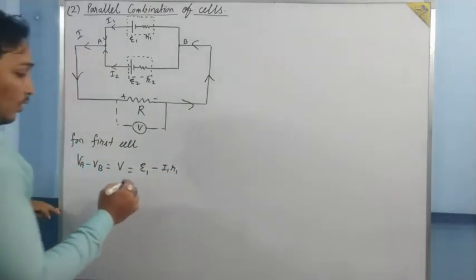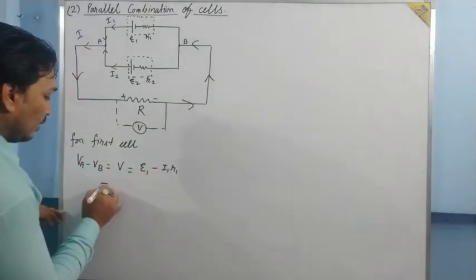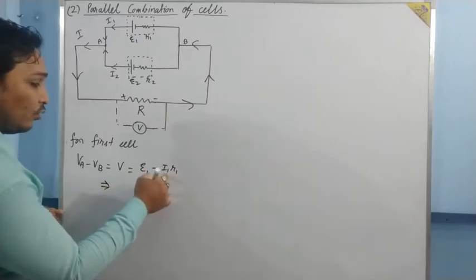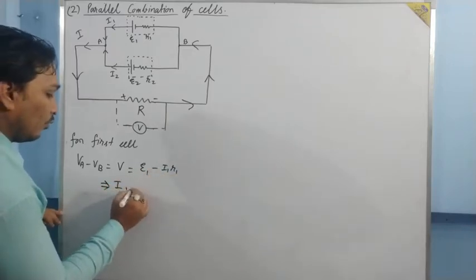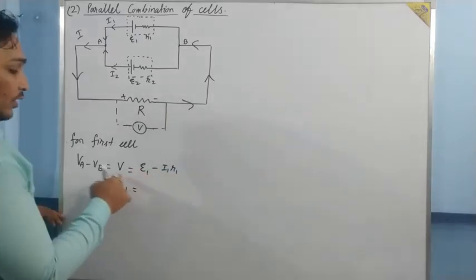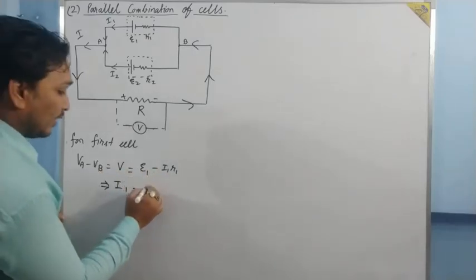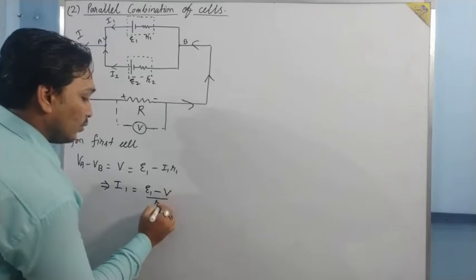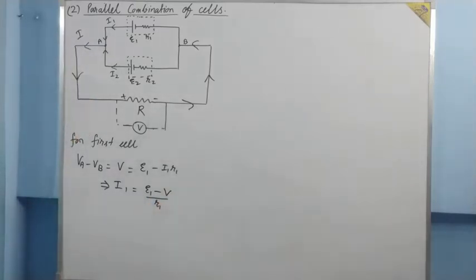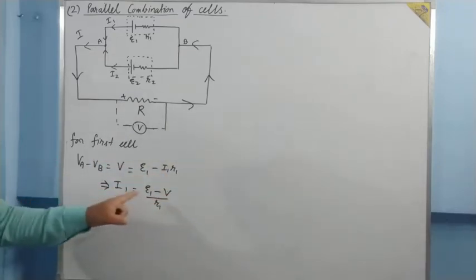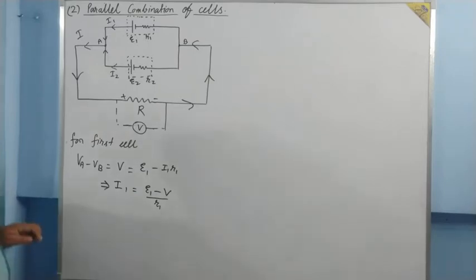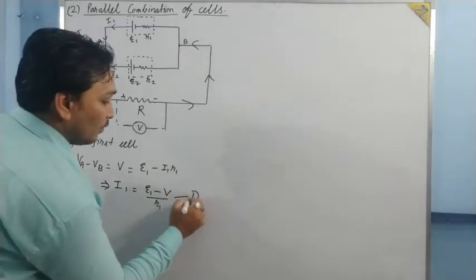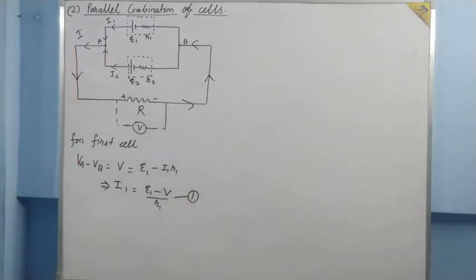Okay. From here, if we want to calculate the value of I1, what will it be? Now E1 is transferred to that side, because of the minus sign it will become E1 minus V upon small r1. Are you able to understand? E1 is transferred to that side, the sign changes, r1 is divided over there, E1 minus V upon r1. Let this be your equation number 1. Okay.